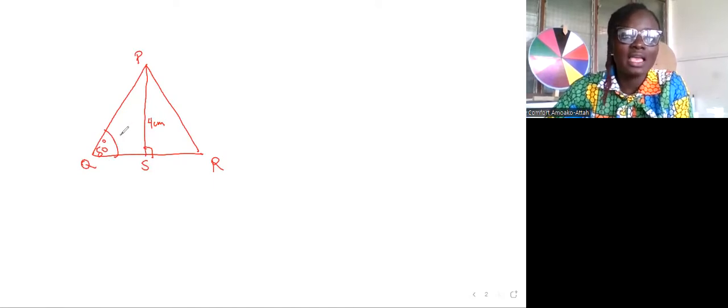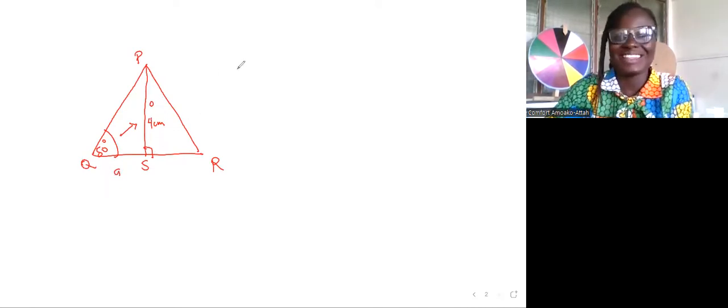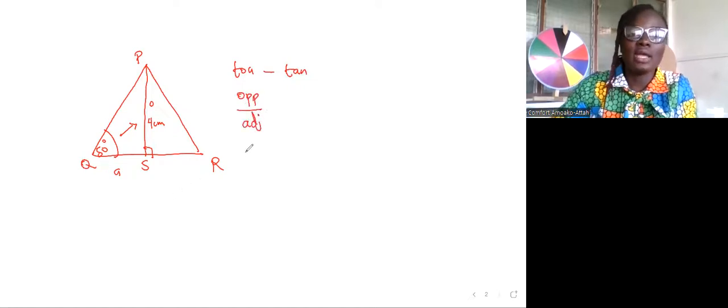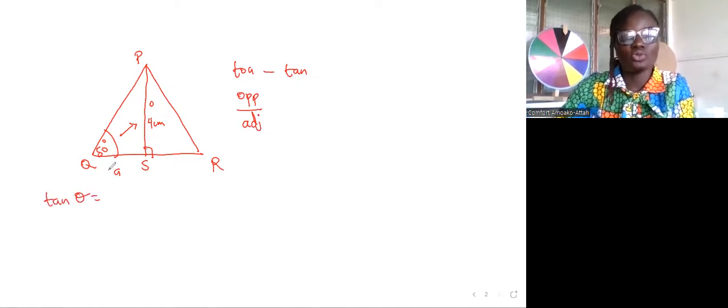And now, which of the trig ratios can we apply over here? This angle is directly opposite to this side, which is giving us our opposite, and adjacent to this side, which is SOA. I heard someone saying that. That is good. So that is tan. TOA is what? Opposite over adjacent. Good. So we are going to have tan theta is equal to opposite, which is line PS, over adjacent, which is line QS.